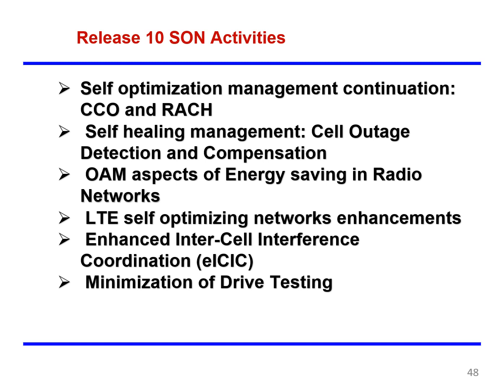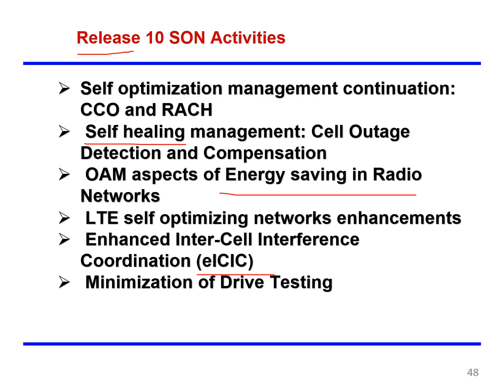And in release 10, the main thing is that self healing has come. Self healing facility is not there in release 8 and 9. Self healing, that is cell outage detection and compensation, which we discussed, came in release 10. Our energy savings option also came in release 10.